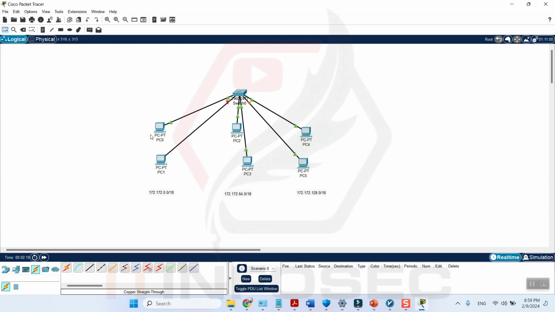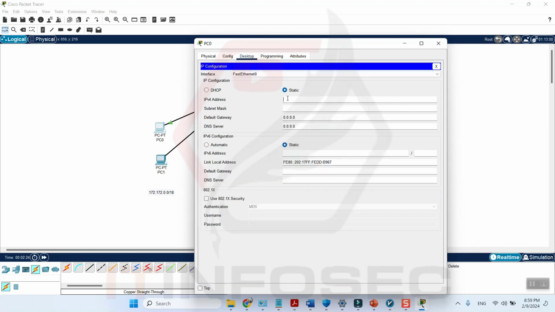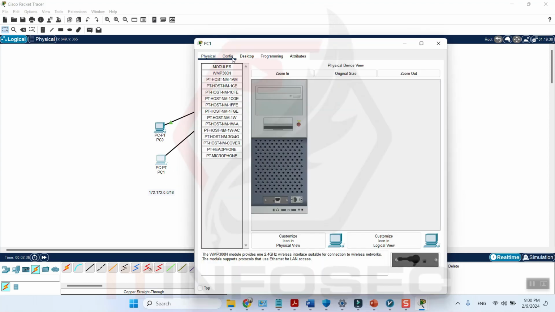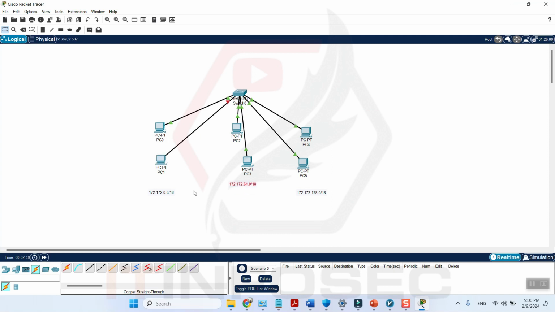Well, the addressing is here, in IP configuration: 172.172.0.1 with 255.255.192.0. And the next one is here, 172.172.0.2 with 255.255.192.0.